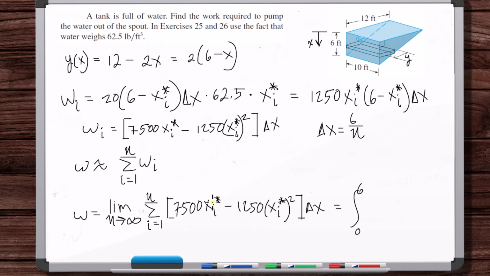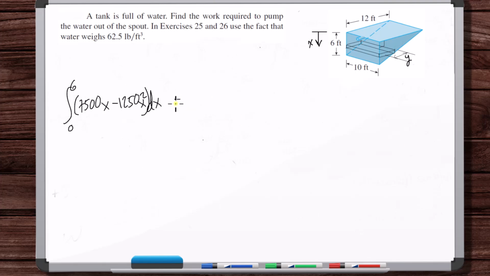Now here's where the xi star, we can just eliminate the xi star, just write it as x, because as n goes to infinity, it doesn't matter which point you choose within the interval. And then as n goes to infinity, delta x gets infinitesimally small. So in place of the delta x, we put dx. And there we go. That's the integral that we need to evaluate.